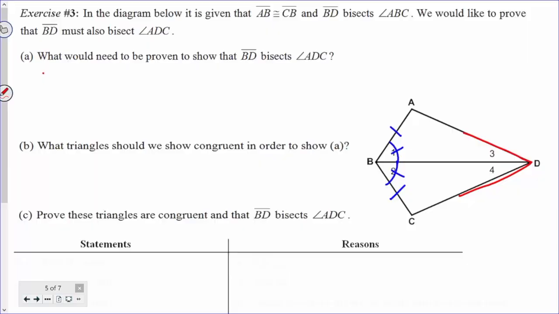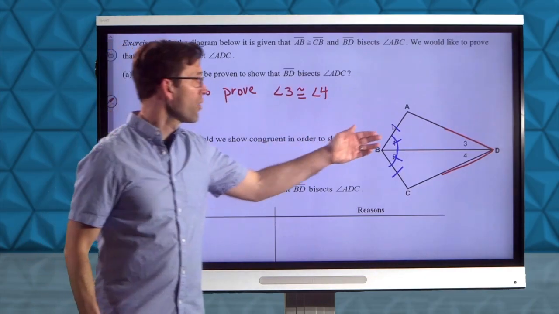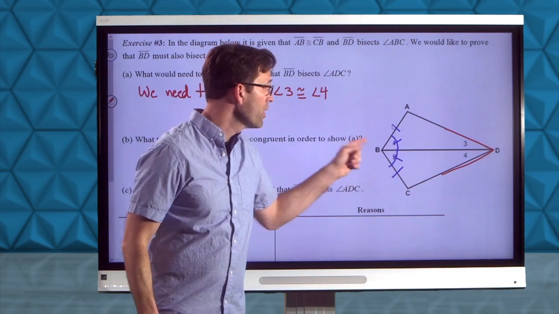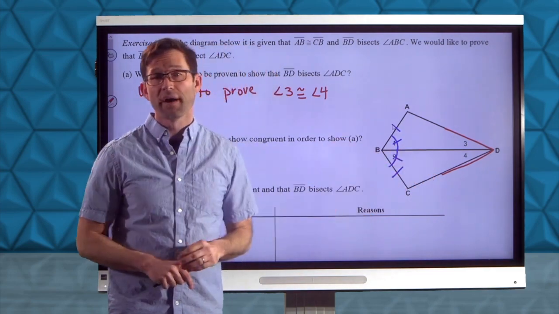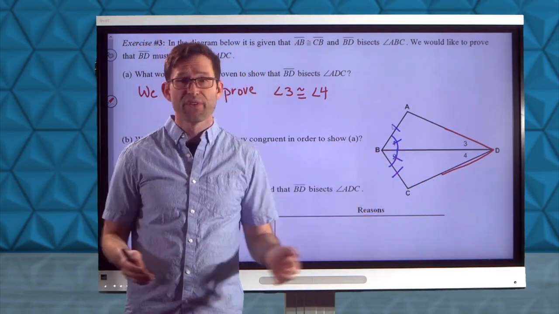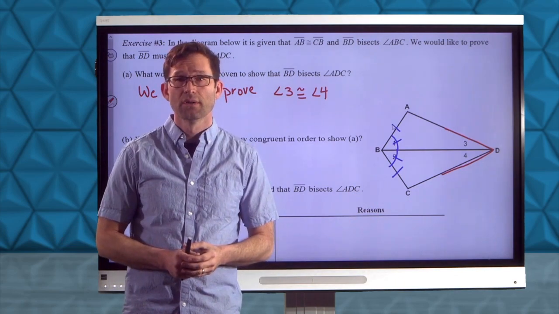So we need to prove, or show, however you want to put it, that angle 3 is congruent to angle 4. If I can show that angle 3 is congruent to angle 4, then BD must bisect that angle, because that's the definition of an angle bisector.